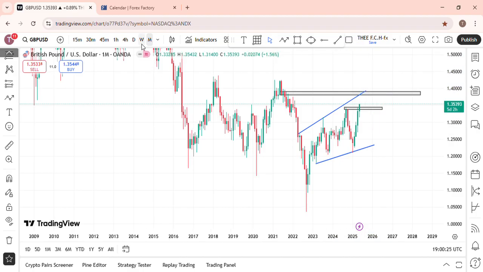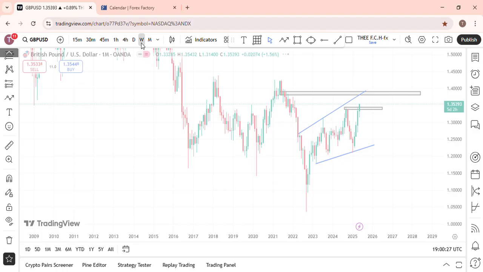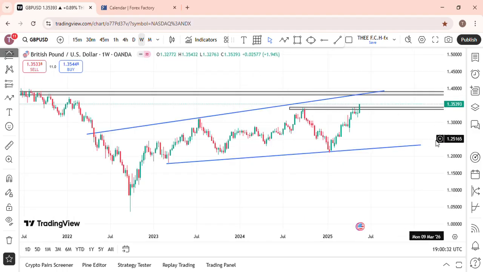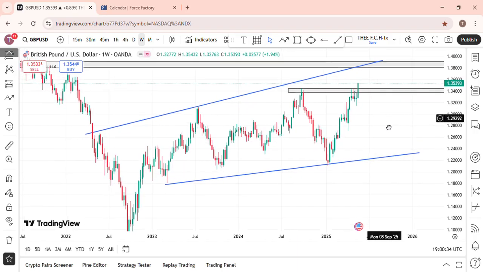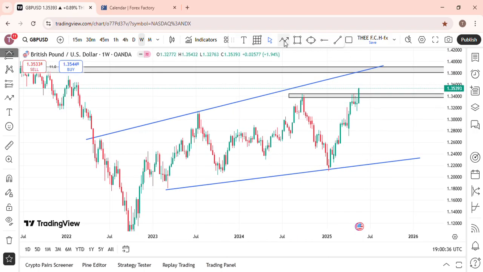Now let's come to the weekly time frame. Coming to the weekly time frame, you can see initially, as I had told you in the previous weeks, we have these inverse head and shoulders here. The market consolidated here, and in the last week the market broke out of that consolidation.